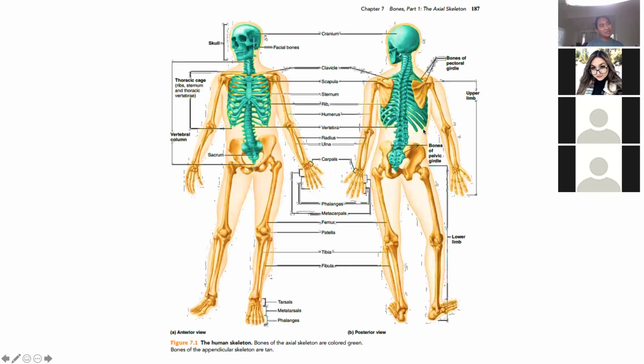So I believe we all remember this diagram from our textbook, which is showing the axial skeleton and the appendicular skeleton. Axial means axis in the midline. So those bones in the midline will be in the axial skeleton, which means our skull.